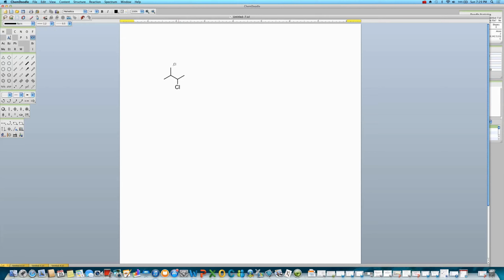I have drawn a simple molecule, 2-chloro-3-methylbutane. Let's predict how many peaks that we would see on the proton NMR. And so we have 3 hydrogens here, which would be one environment.